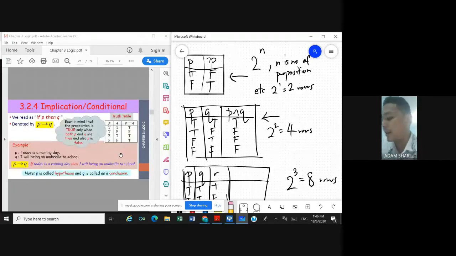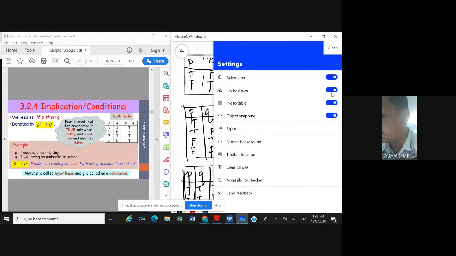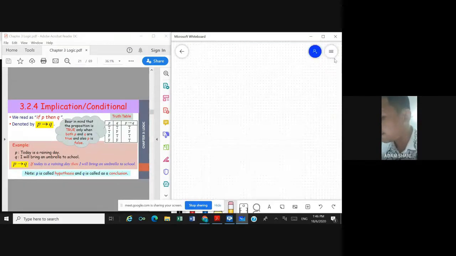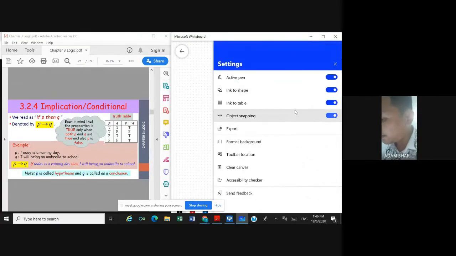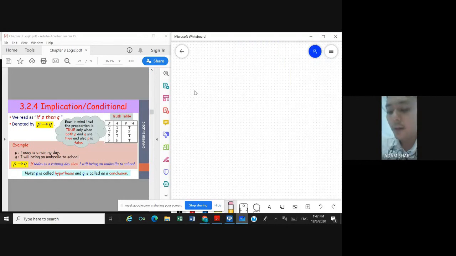Okay, this one is tricky a little bit, where I want to highlight this one slowly. P, Q. Please pay attention.